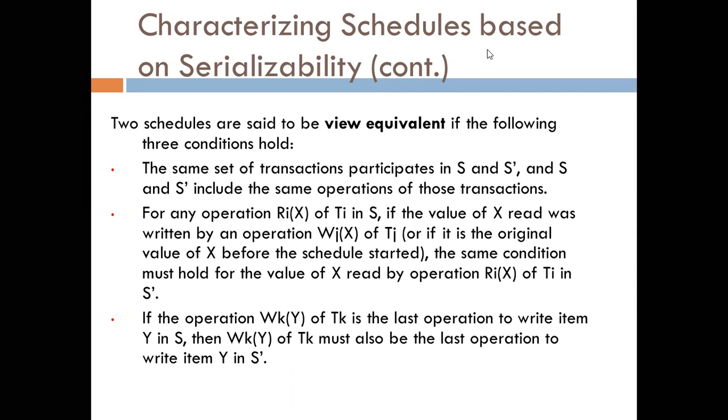For any read operation in transaction I in S, if the value of X read was written by an operation in a transaction J, the same condition must hold for the value of X read by the ith transaction in S dash. Which means if one transaction is reading and another one is writing, the same situation should arise in the other schedule also. So here we are comparing two schedules.